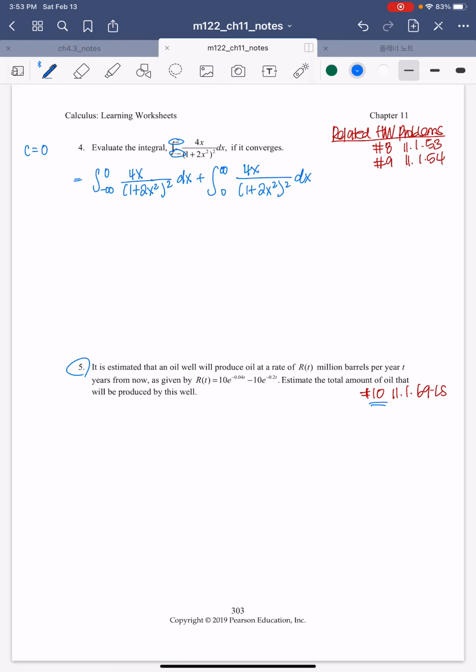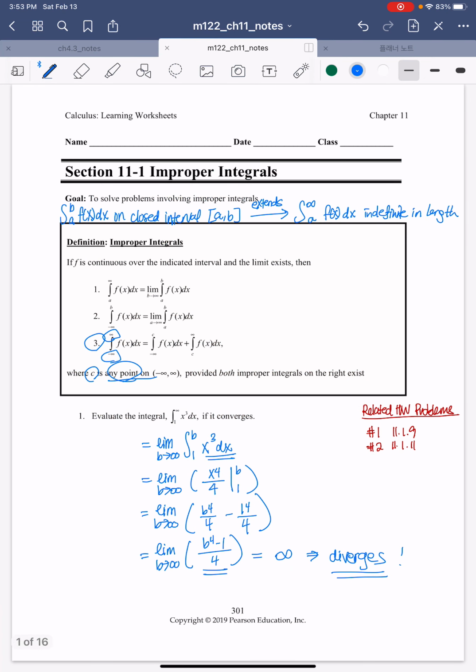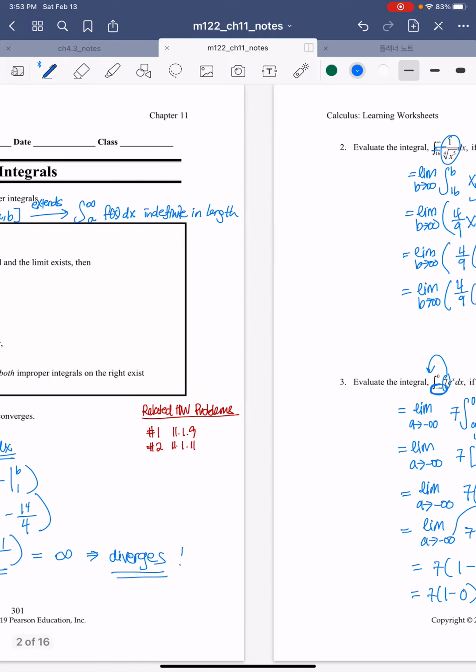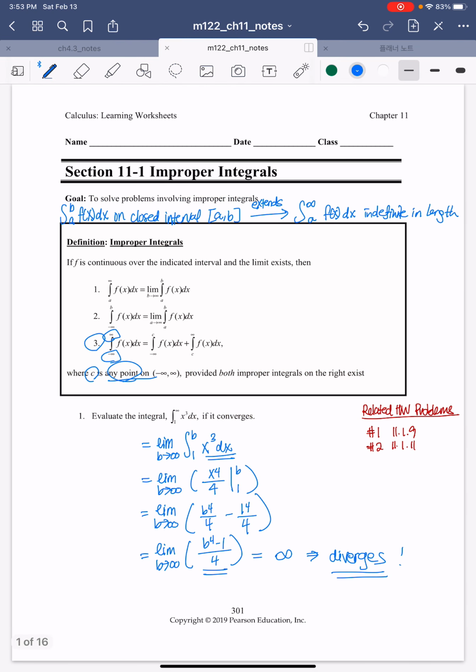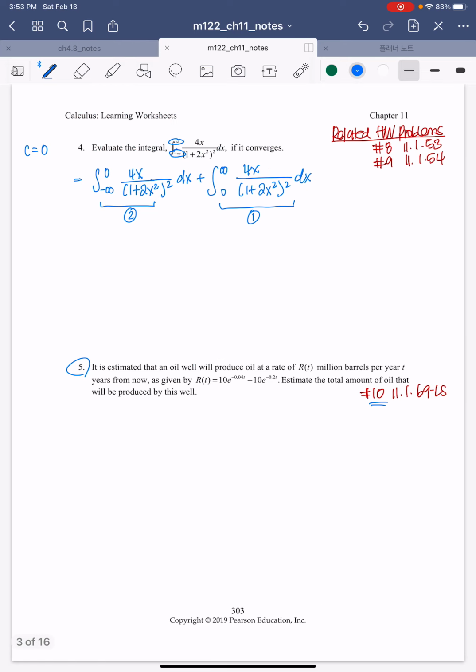So this is like case A and this is case B. Case number 1 and second one is case number 2, because we have negative infinity to a number, this is like case number 2. Let me rewrite it. This is number 2 and this is number 1, because number 2 has a negative infinity to the number and case 1 has a to infinity. So I'm going to use this definition to rewrite both.